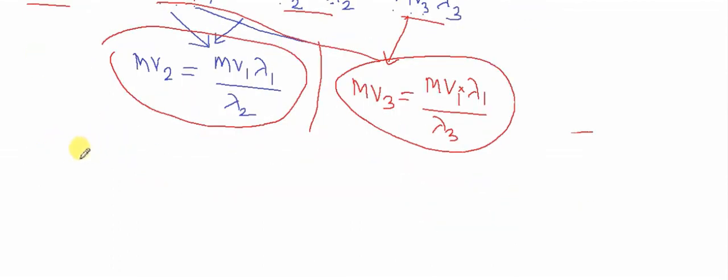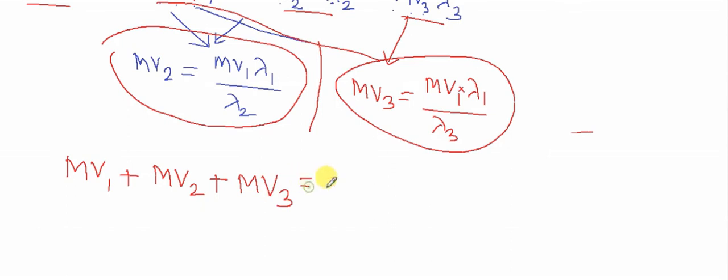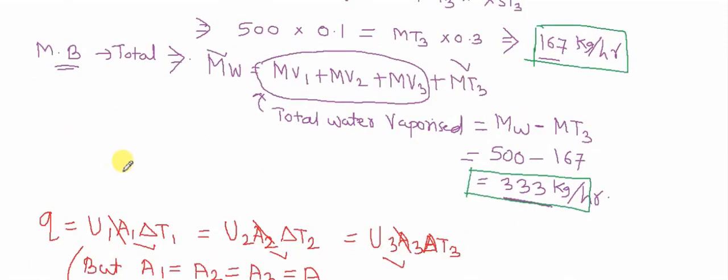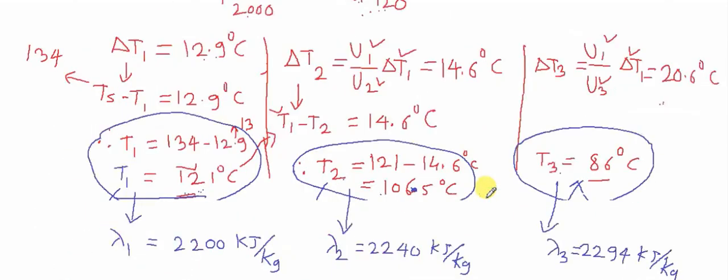Now I just write down one equation. We have this one equation, mV1 plus mV2 plus mV3, total water evaporated is 333 kg per hour. Already we have solved this equation. If we go to the previous equation, we see that mV1 plus mV2 plus mV3 is equal to 333 kg per hour.